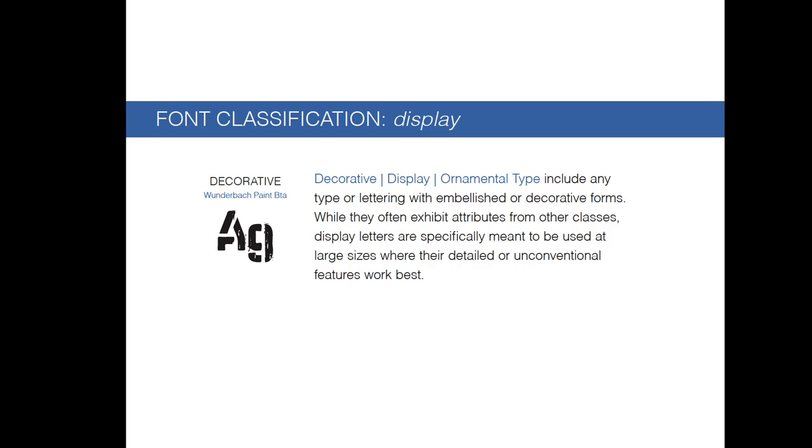And we've got the decorative classification. It's often done for display type, which is type at large sizes, anything over 14 point. And it could be oftentimes other typefaces from different classifications that have been embellished with decorative forms, hence the name decorative typeface.